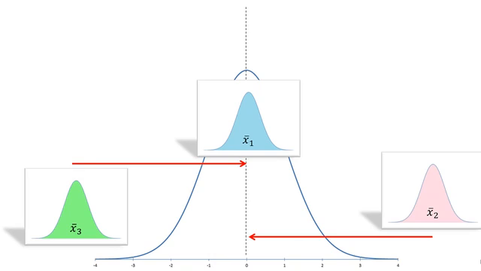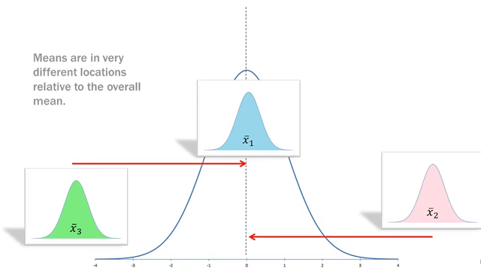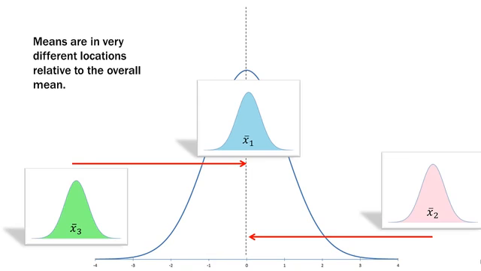Only x bar sub 1 belongs to this distribution in the background. X bar sub 2 may belong to one that's off to the right, and x bar sub 3 may belong to one that's off to the left. So you can see that the means are in very different locations relative to the overall mean in the background.